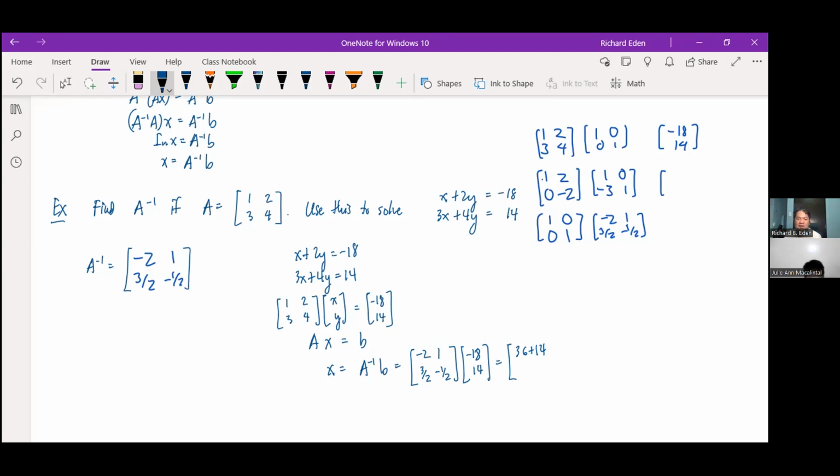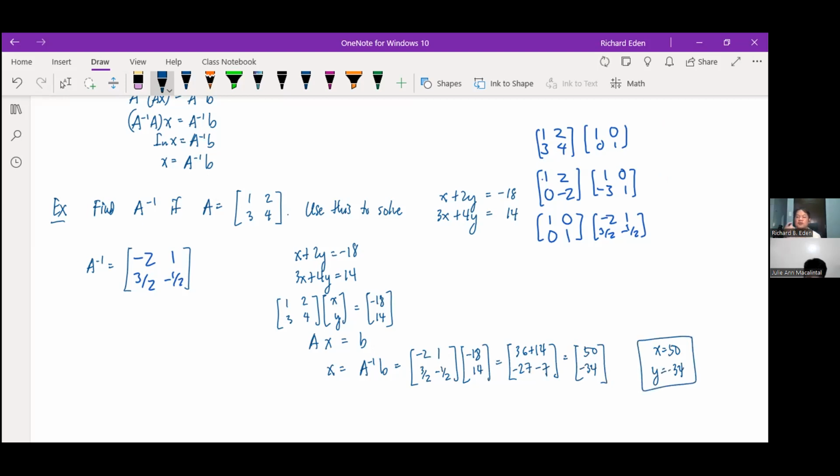So, okay, negative 18 times 3 halves is negative 27. Yun. Minus 7. So we have 50 and negative 34. So that means the solution of the system is x equals 50 and y equals negative 34.